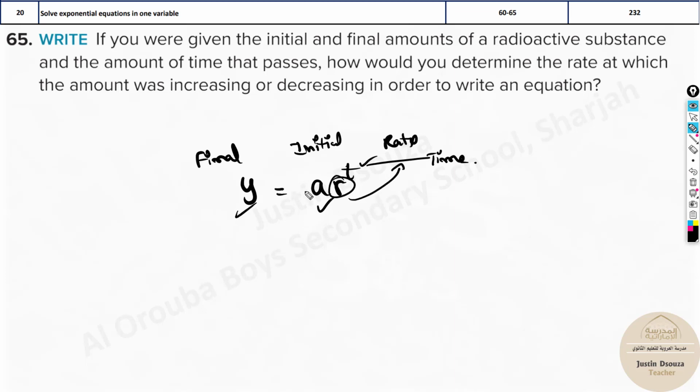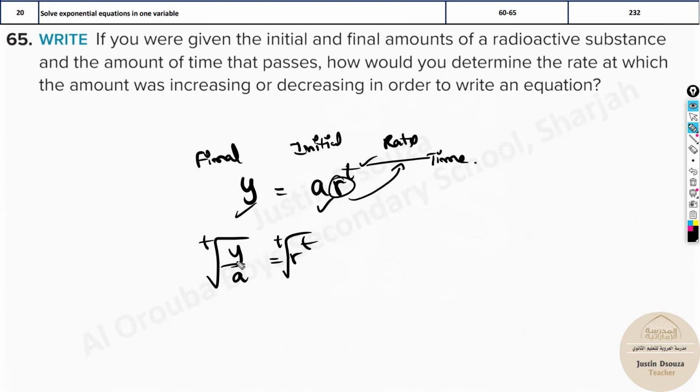First take the a and divide it, because this is an exponential function. It will be y divided by a equals r to the power t. Now take the root of this number. That's it. That is the answer.